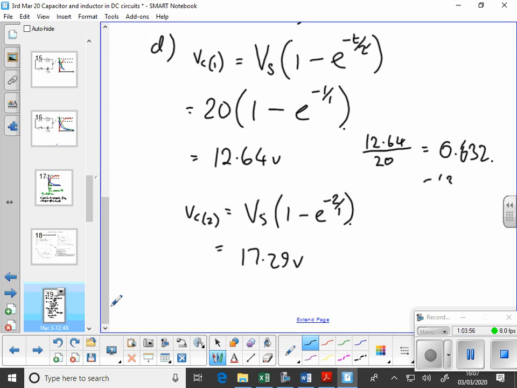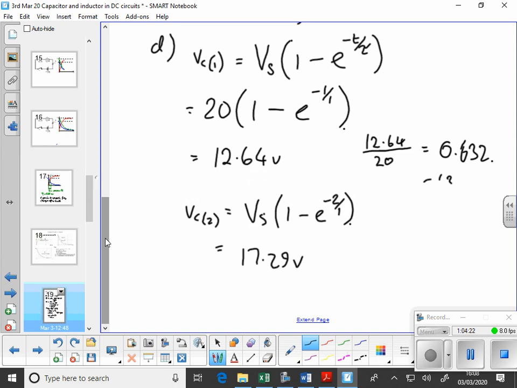What I'm trying to point out is that what that'll have done is gone another 63% of the gap towards the top.